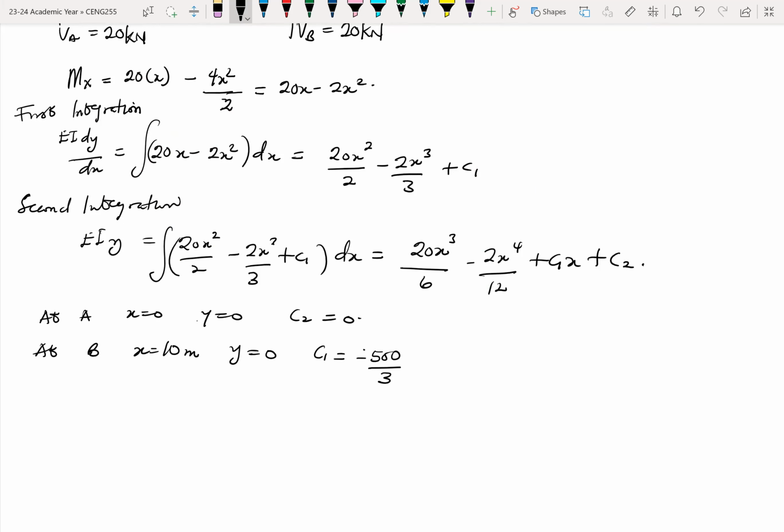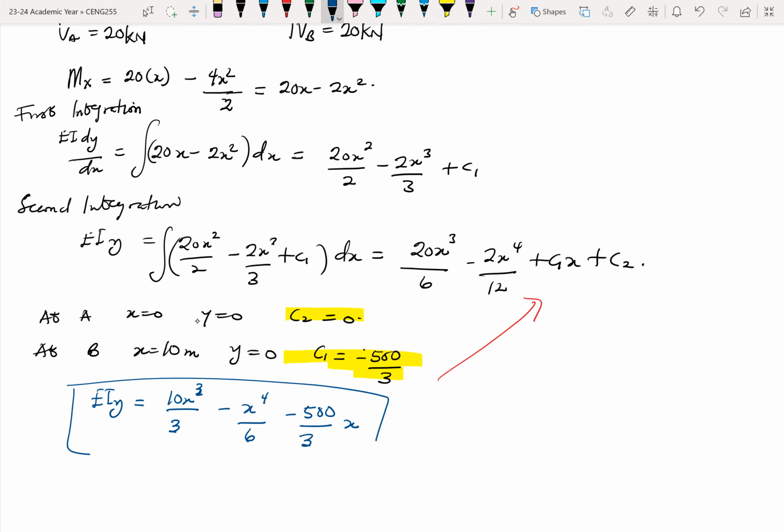So with knowing C1 and knowing C2, we can put those two into this equation here and then write the proper general equation for the structure. So it means that EIy will be equal to 10x cubed over 3 minus x^4 over 6 minus 500 by 3 x.